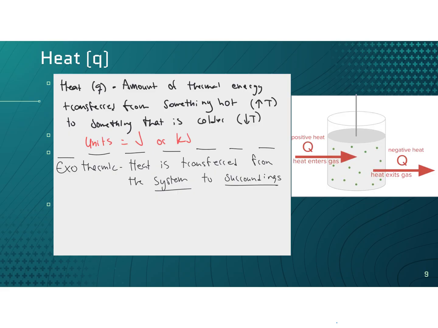So if my heat or my thermal energy is going from my system to my surroundings, then I have an exothermic process, and the heat is negative.